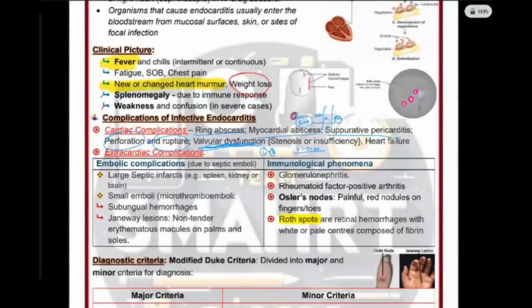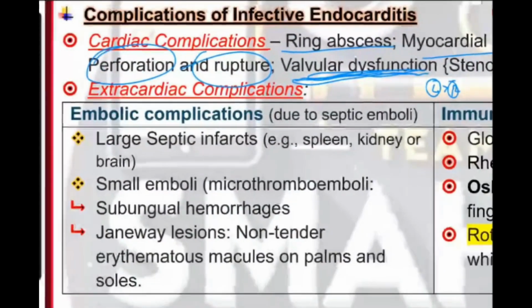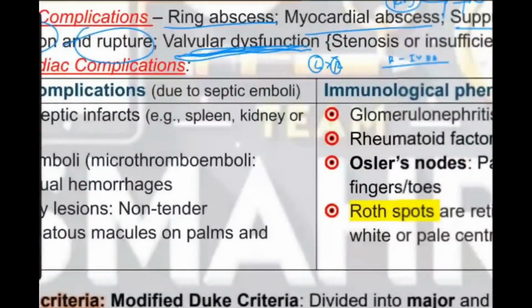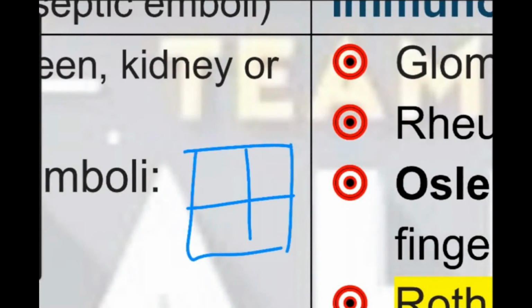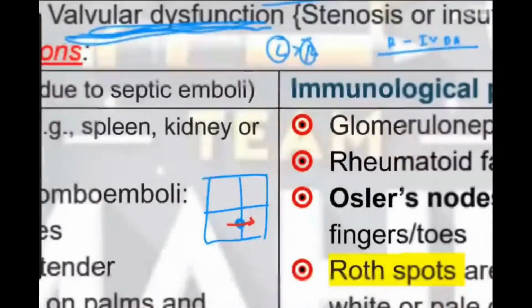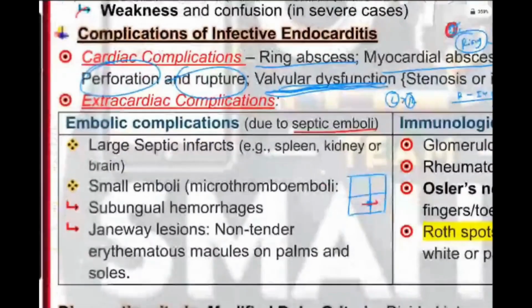Now there are also extracardiac complications, where the vegetations might get dislodged. For example, the heart had a VSD with a ring abscess. As blood flows from here to there, some bacteria might dislodge, leading to septic emboli in various organs.